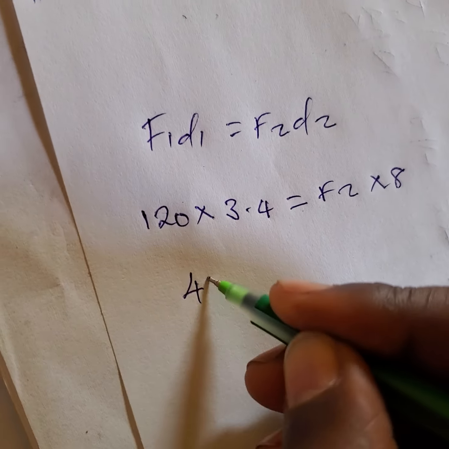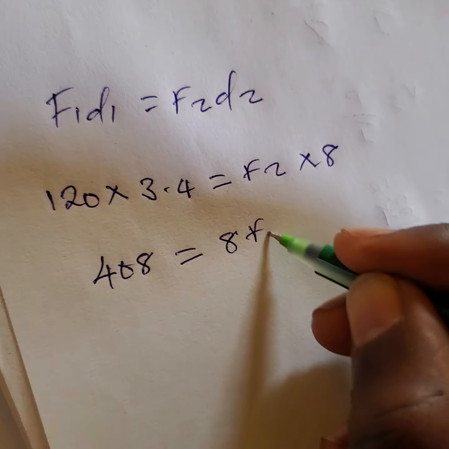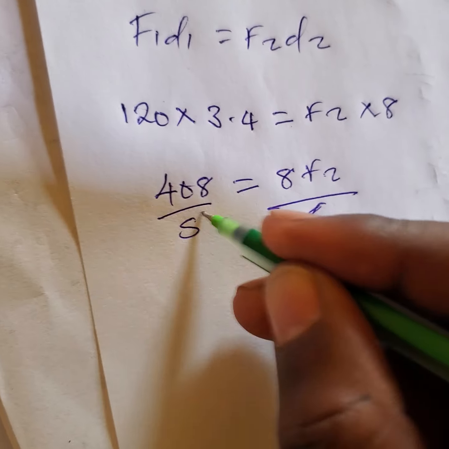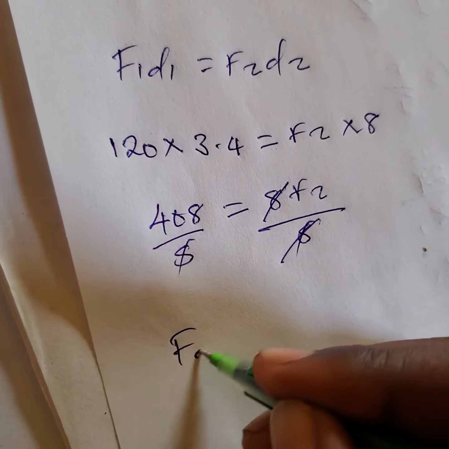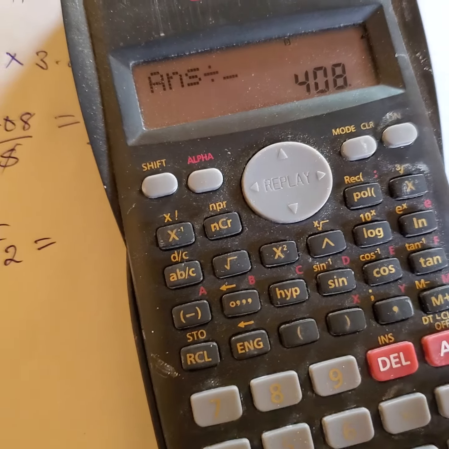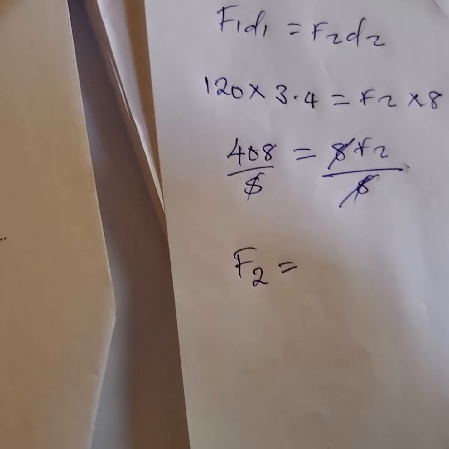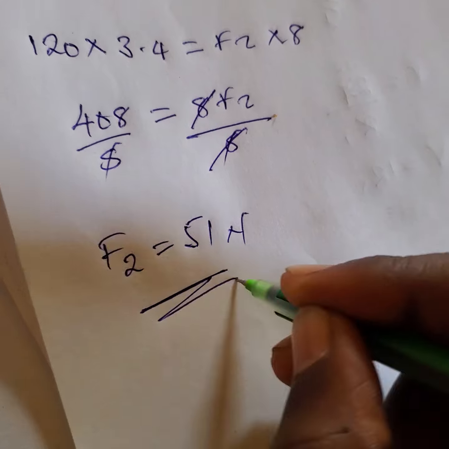So we have 408 is equal to 8 F2. Since we are looking for force 2, we divide by 8. So 8 and 8 cancel. So force 2 is equal to 408 divided by 8. What are you getting? 51. So force 2 is equal to 51 Newton as our answer.